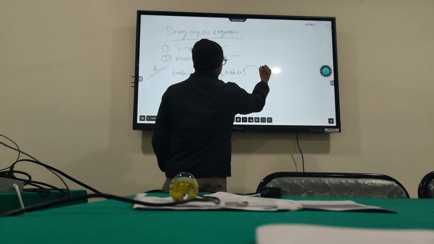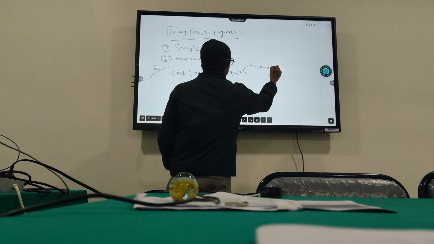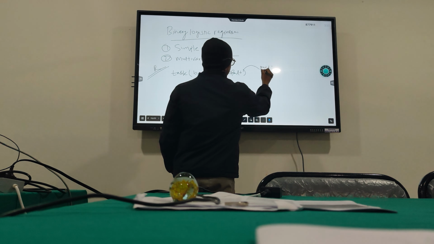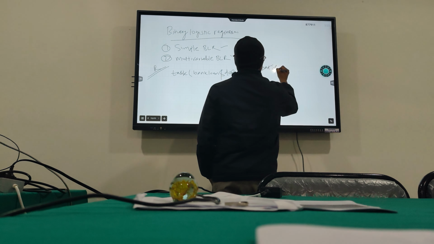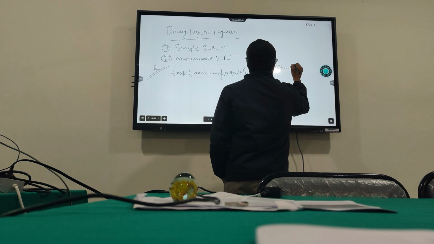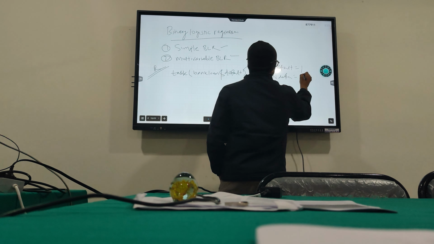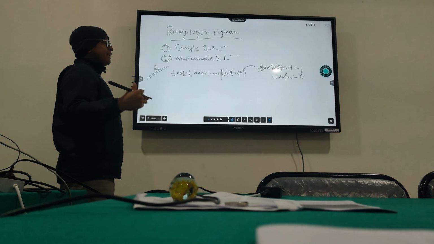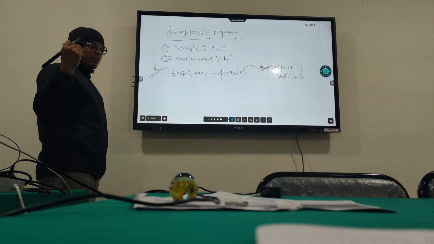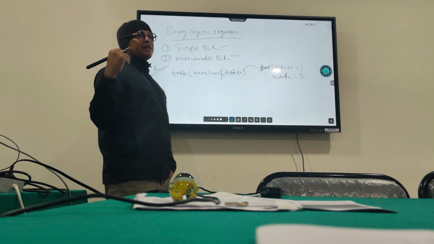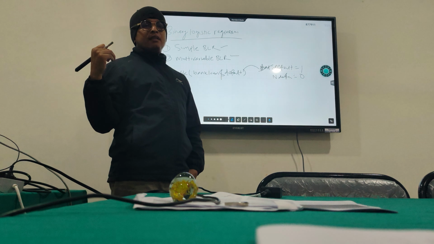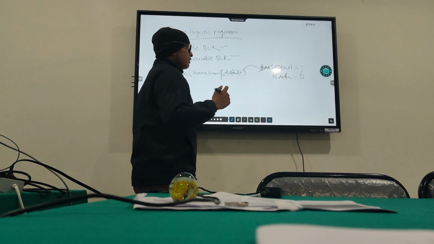Suppose default is 1 and no default is 0. Consider default: who defaulted the loan as 1 and who did not default the loan as 0.